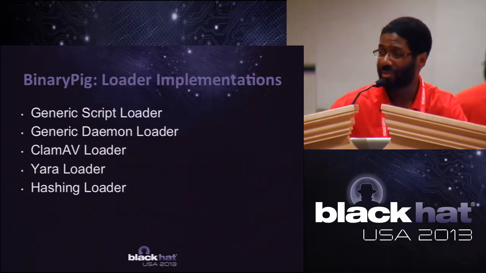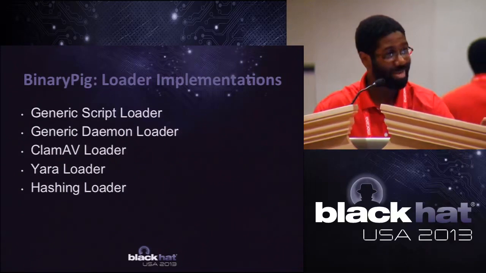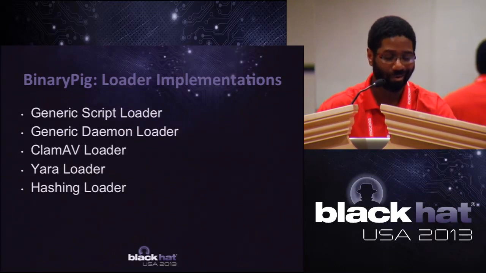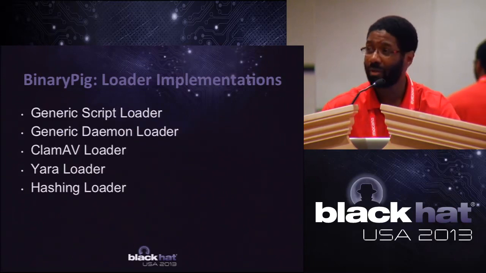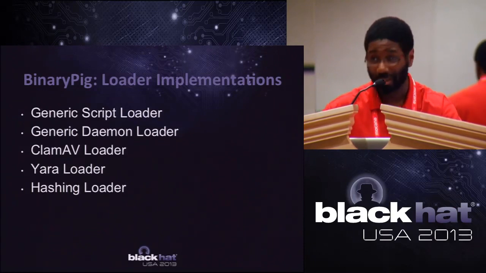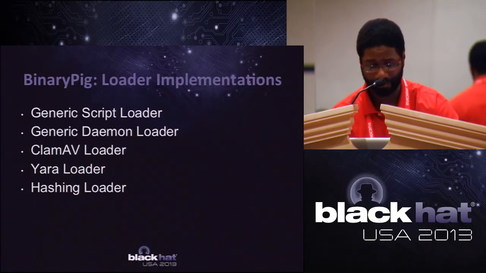An emphasis on ClamAV: we're not endorsing ClamAV in any way, but it's free and open source. We presume that anyone using our framework can get access to it, so everybody should be able to get Clam. That's why we use it.